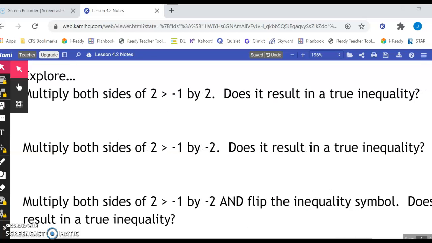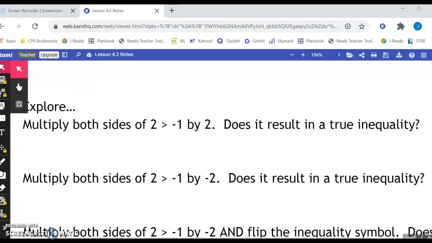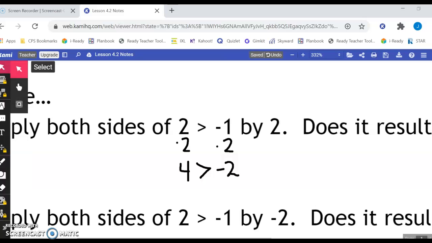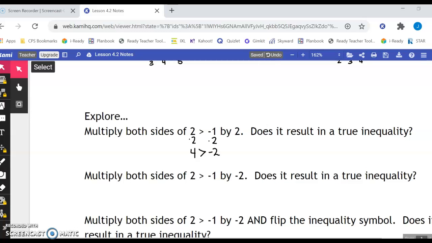All right, so when you multiply both sides of this equation by 2, we have 4 is greater than negative 2. Does it result in a true inequality?